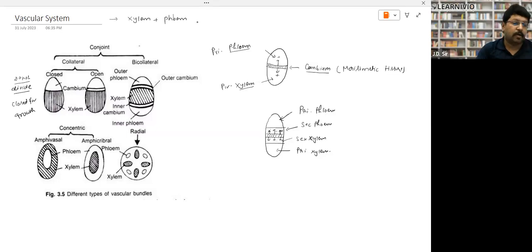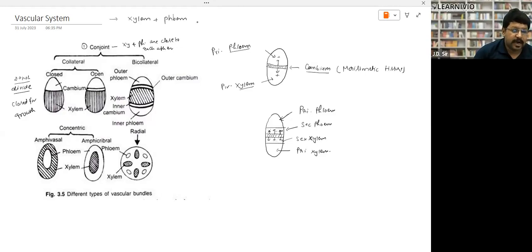So conjoint are where the xylem and phloem are close to each other, right? Let me write it down. The first kind of vascular bundle is conjoint. They are where xylem and phloem are close to each other, or we can say xylem and phloem are at the same axis, right?